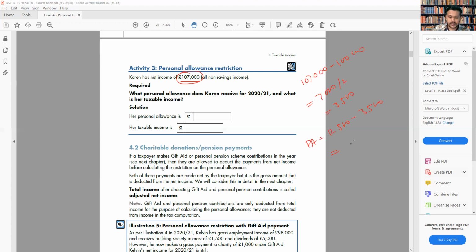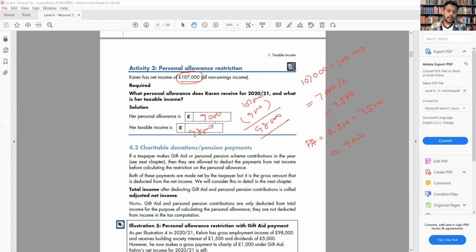That gives us 9,000. So the new personal allowance will be 9,000. And the taxable income, obviously we minus it from there. So that is 107,000 minus 9,000, and that gives us 98,000. This is the taxable income. So it's very simple.